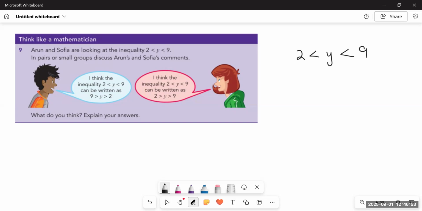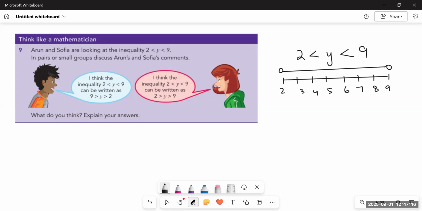Of course, Arun is correct. If they are saying y is greater than 2, it means it includes the numbers from 2 till 9. 2, 3, 4, 5, 6, 7, 8, 9. Okay. So when I put a line over here, none of the circles would be colored and the values of y include 3 till 8.